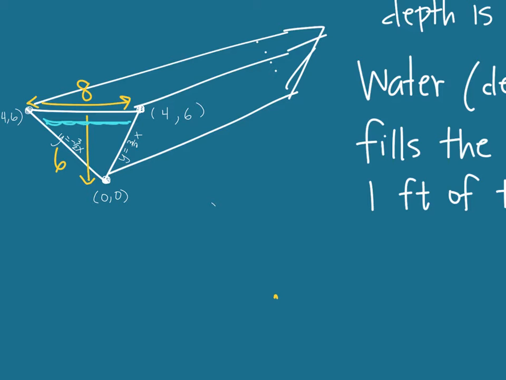Going across from here to here, the width will be 2x, because x to one side and negative x to the other, and so 2x. But I need to express that cross-sectional width in terms of y instead of in terms of x.